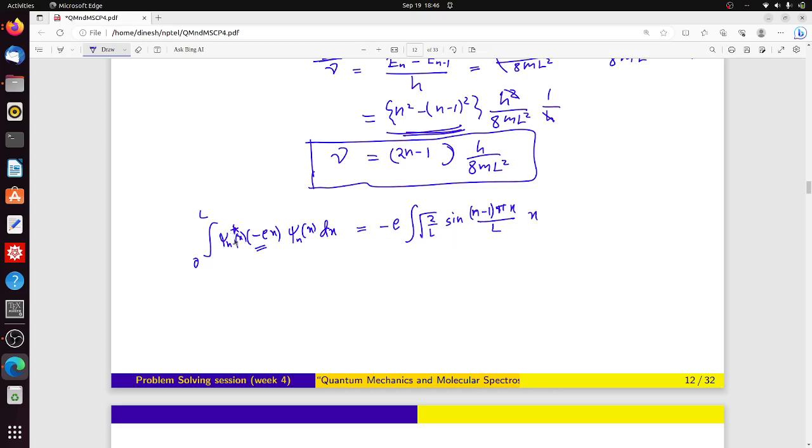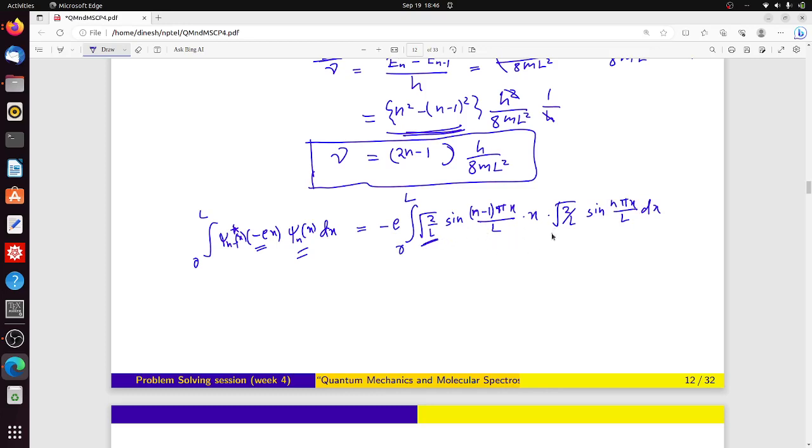If I do complex conjugation, it won't change, right? Now we have psi n, which is root of 2 over L sin n pi x over L, right? Integration limit 0 to L.